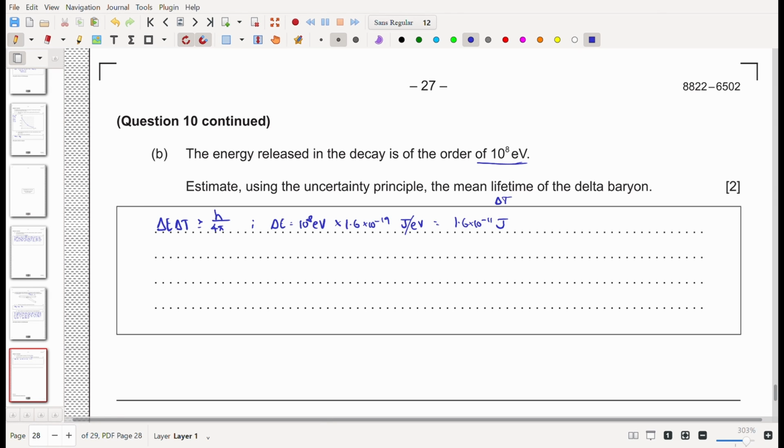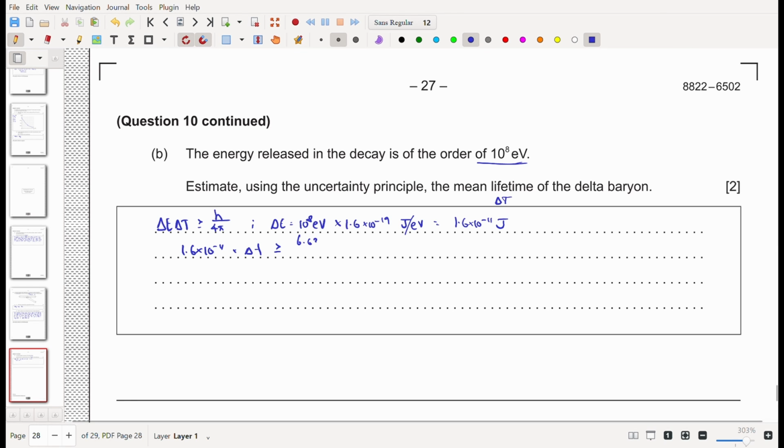Now, let's plug that into our equation. 1.6 into 10 power minus 11 into delta T, mean lifetime, is greater than or equal to h, which is 6.63 into 10 power minus 34 by 4 pi. Delta T is greater than or equal to 3.29 into 10 to the power minus 24 seconds. So the mean lifetime is 3 into 10 to the power minus 24 seconds.